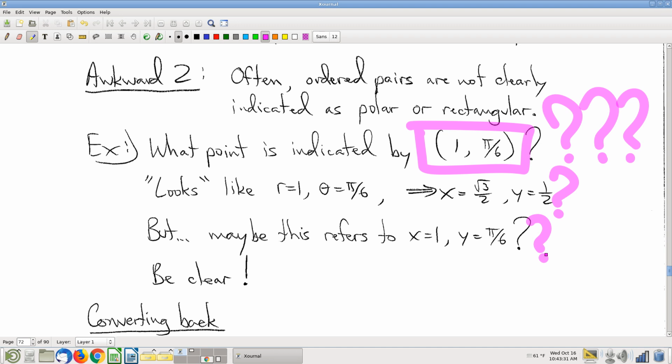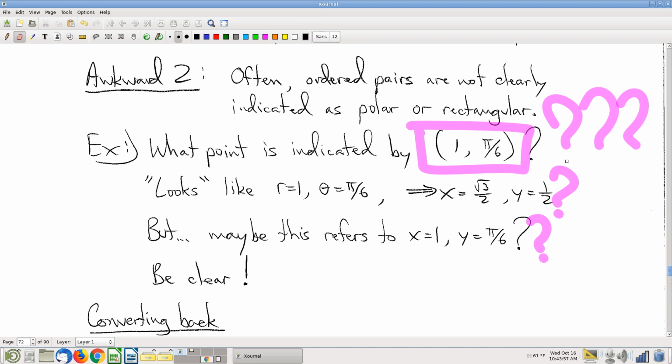All right, so just be aware of the problem. I've toyed with different notations, like maybe you put a little subscript, R for rectangular, P for polar. Yeah, that has something kind of convenient about that. But anyway, all I'm going to say in this class, just be aware and make sure that what you've written down isn't ambiguous. If what you've written down is ambiguous, and if that's a problem, then that's on you.